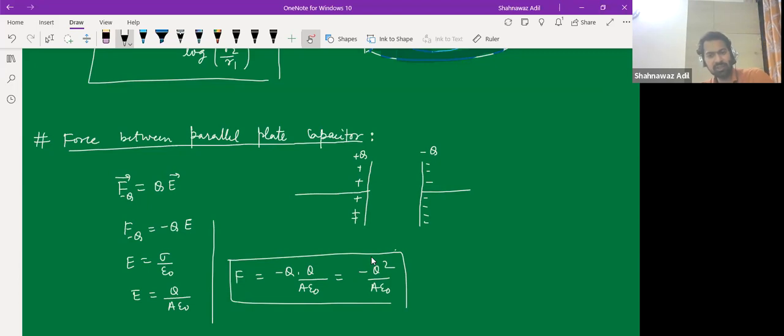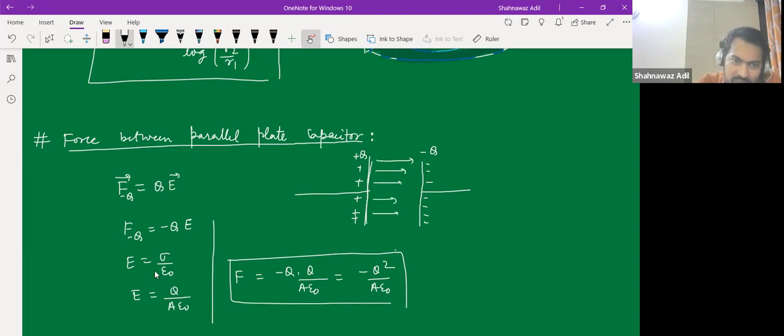Is this part clear to you? Okay, so please note it down. But one more. So, what is the electric field due to this sheet?